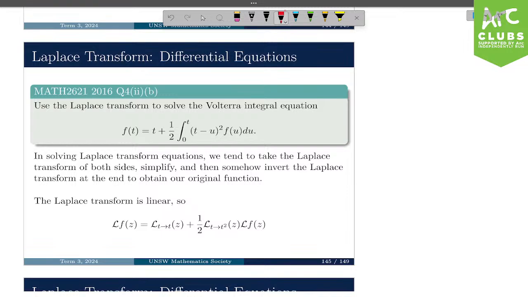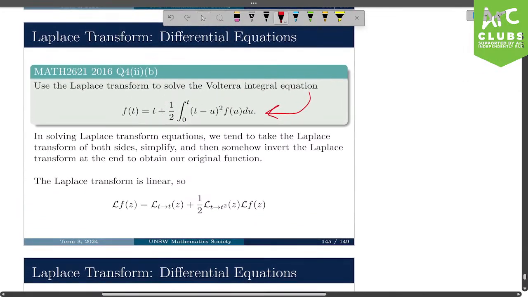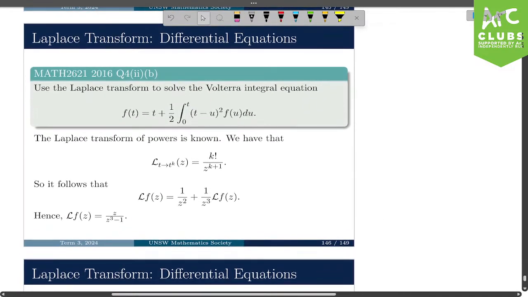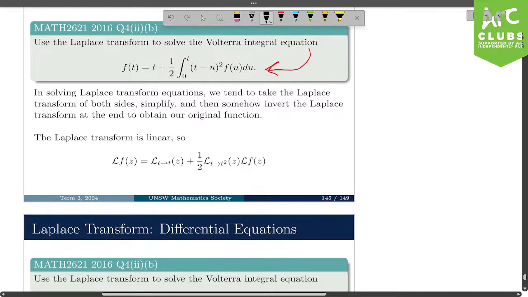Few more things on differential equations. We got f of t given this. They sneakily call this the Volterra integral equation, and we can actually use the Laplace transform to deal with it in a pretty interesting way. So, some things to note is that this function can be recognized as the integral of this one. And so, if we just look forwards a little bit, we'll recognize that when we try to solve this, we just take the Laplace transform of everything, and given it is linear, it separates out.